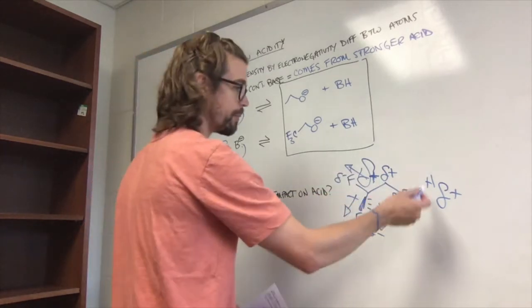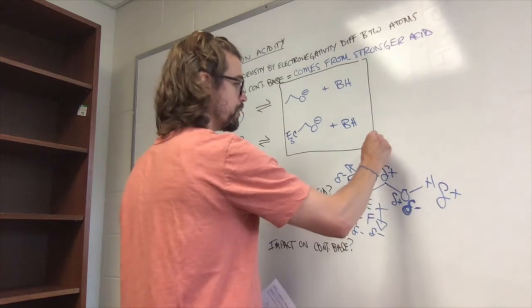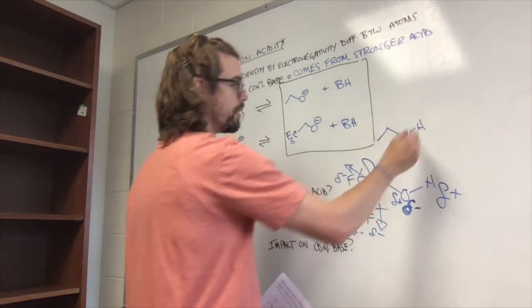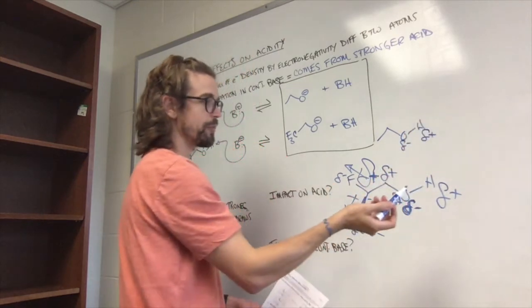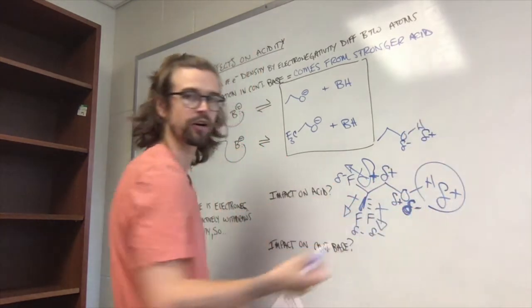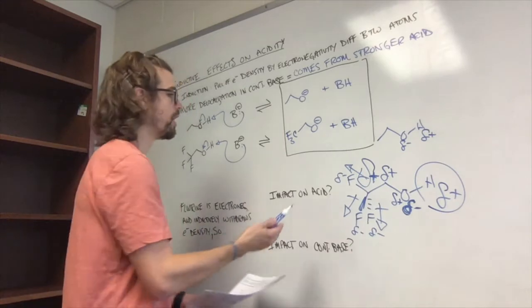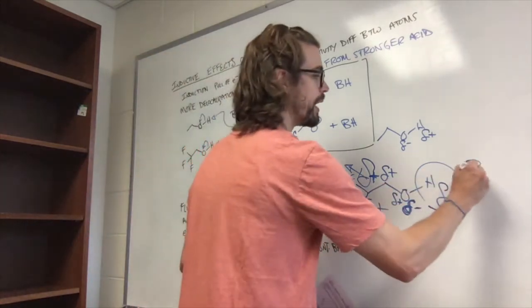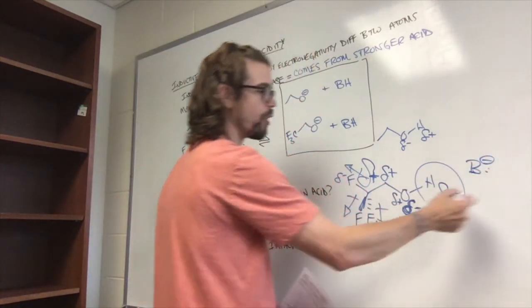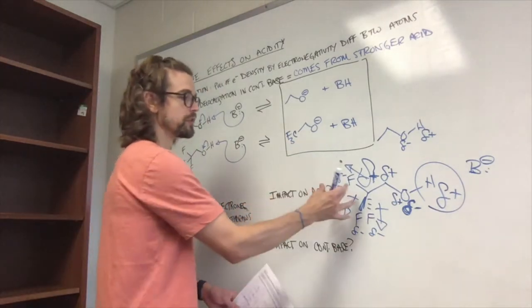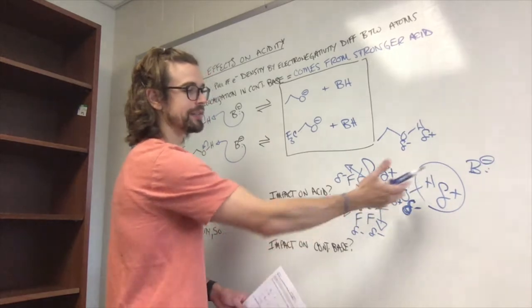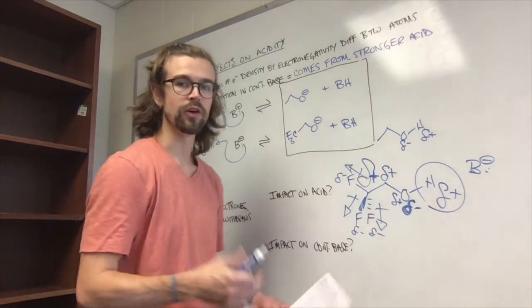So comparing this hydrogen to the hydrogen from ethanol, ethanol's is going to have a partial positive next to it, but this one's much greater because of the inductive effect of those fluorines. So the base would rather go to the much larger partial positive. Those fluorines actually destabilize the acid, making it a stronger acid.